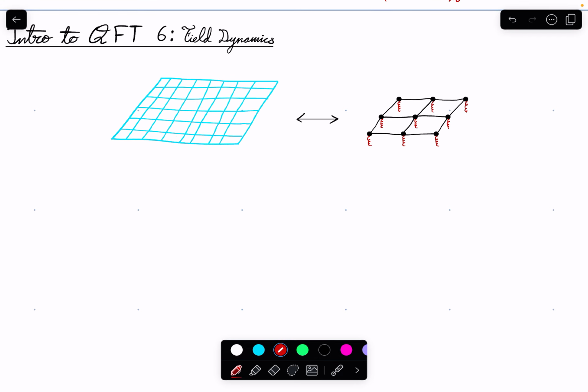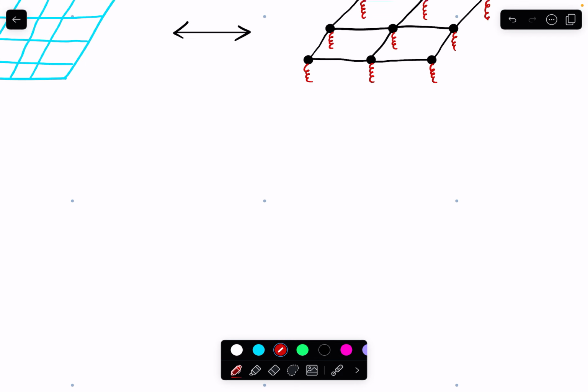So what these are, we're going to start zooming in and focusing on them. Take a look at this.